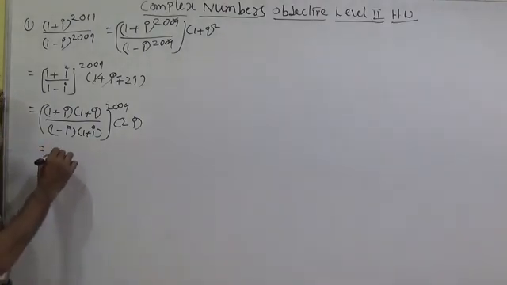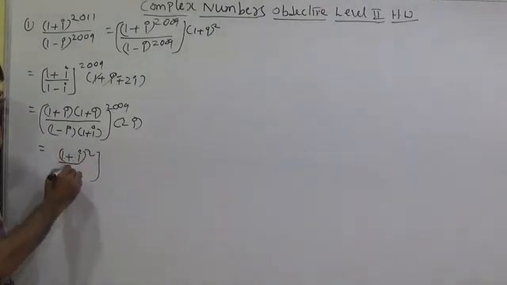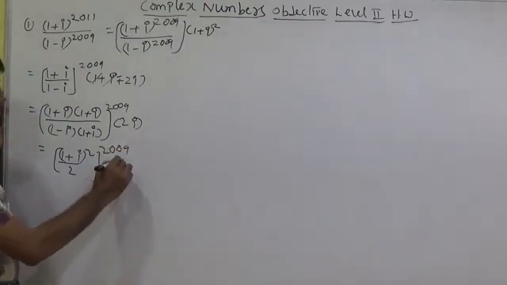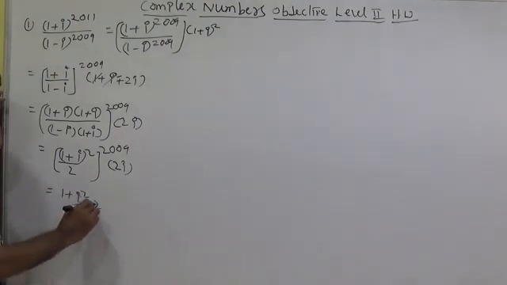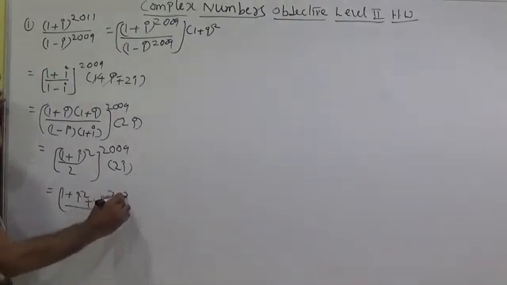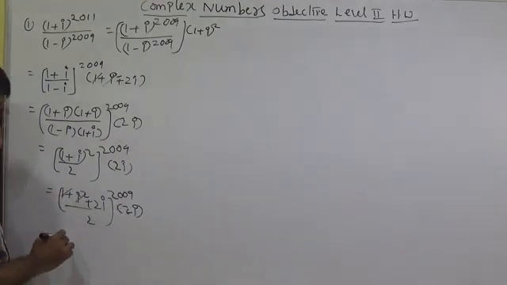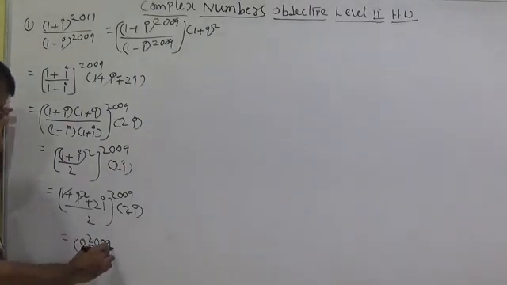That is equal to ((1 + i)^2 / 2)^2009 into 2i. (1 + i)^2 can be written as (1 + i^2 + 2i) / 2, whole power 2009, into 2i. 1 + i^2 gets cancelled. 2i/2 can be written as i^2009, so i^2009 into 2i.